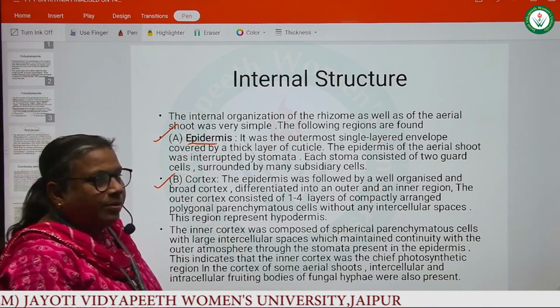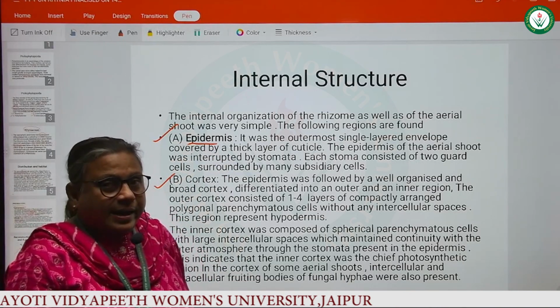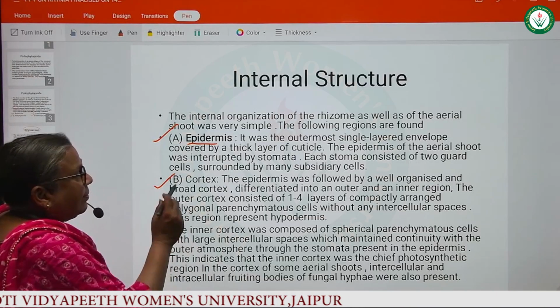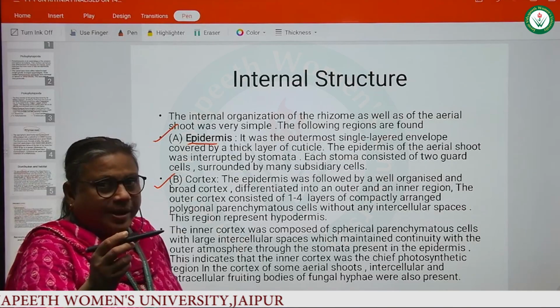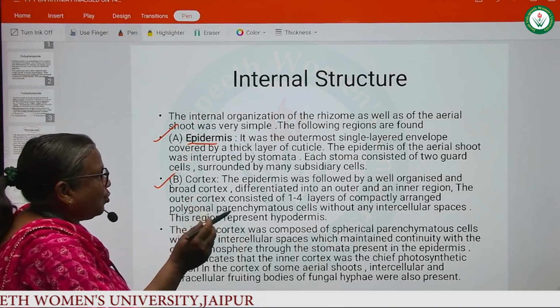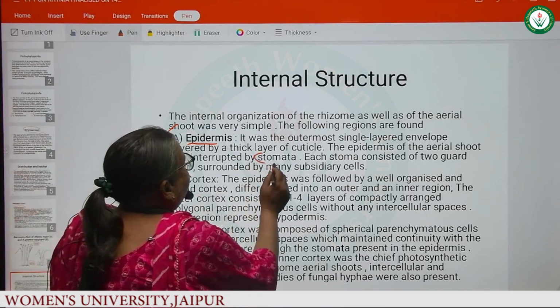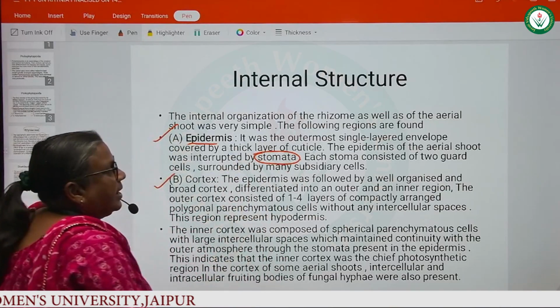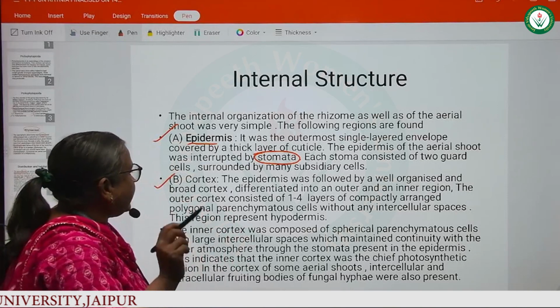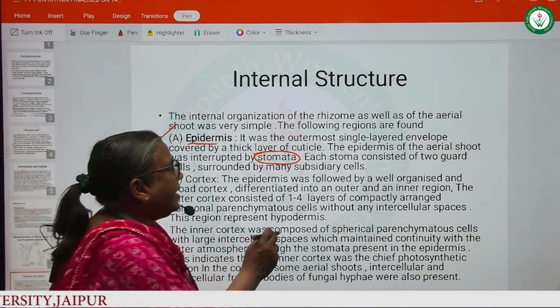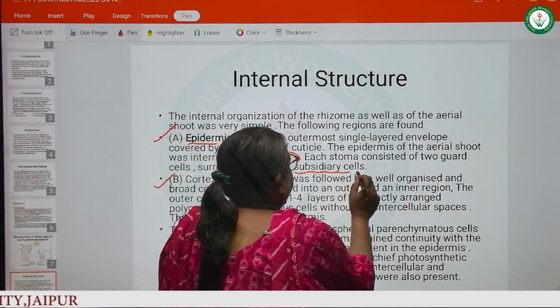It was the outermost single layered envelope covered by a thick layer of cuticle. The epidermis of the aerial shoot was interrupted by stomata. Each stoma consists of two guard cells surrounded by many subsidiary cells.